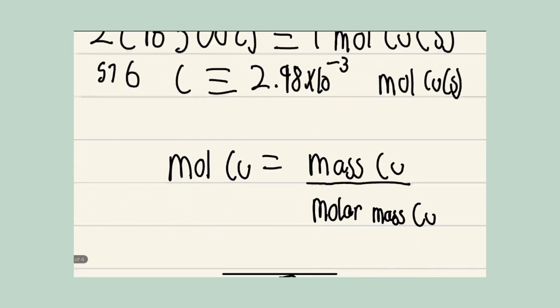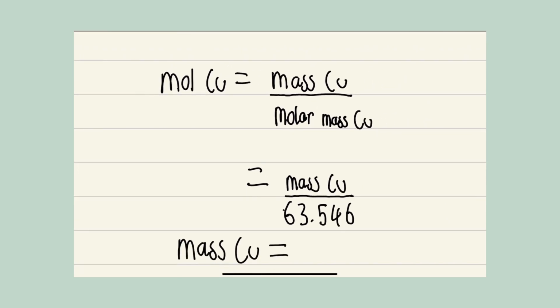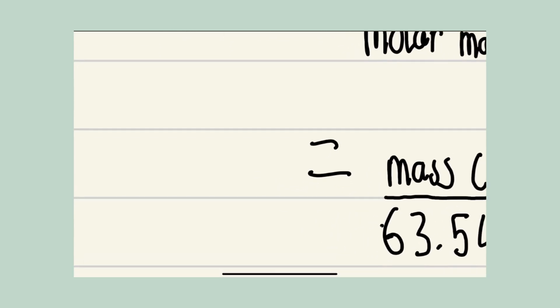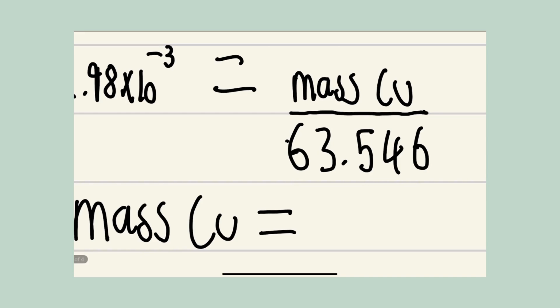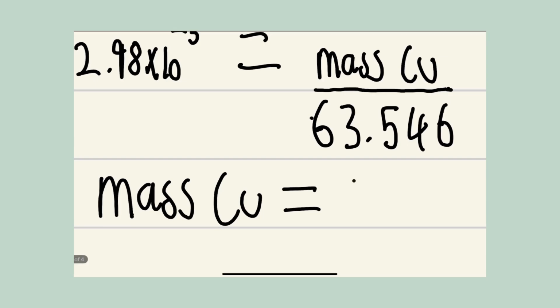So we can find the mass of copper deposited by using moles of copper equals mass of Cu over molar mass of Cu. We have all the information we need: 2.98 times 10 to the negative 3 moles equals mass over the molar mass of copper, which is 63.546. We move things around, and the mass of copper ends up being around 0.19 grams.